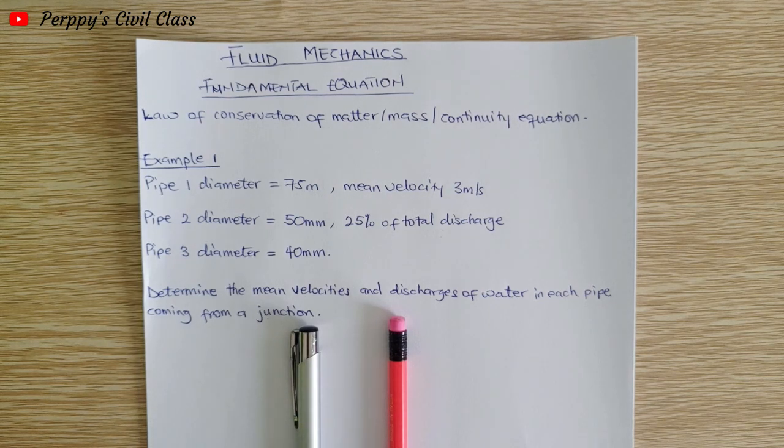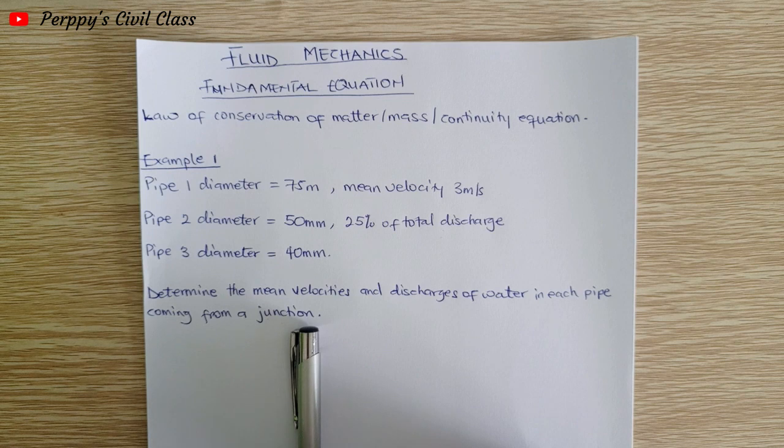Today we are going to look at a question under the law of conservation of matter or mass, which is also known as the continuity equation. The law of conservation of matter or mass states that matter can neither be created nor destroyed, but it may be transformed by a chemical process.